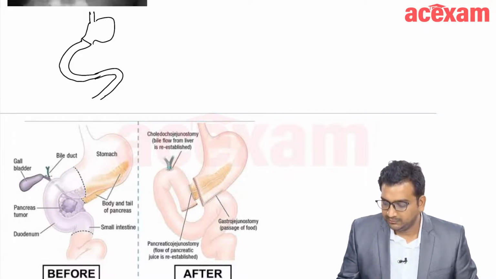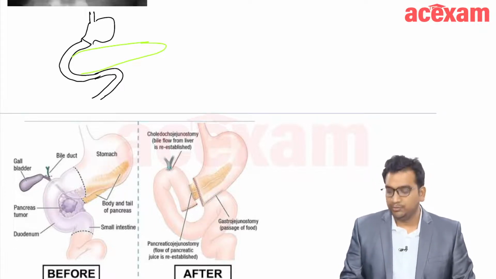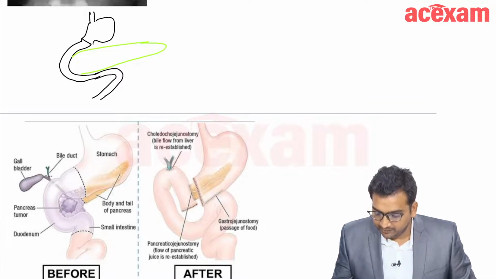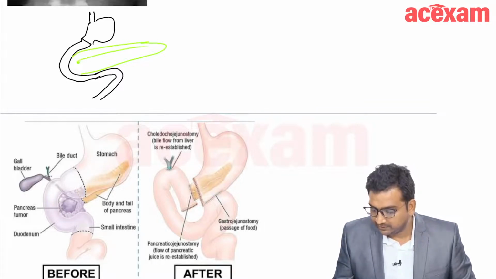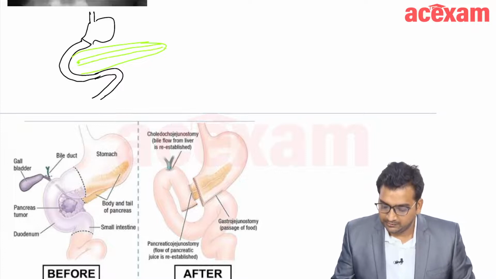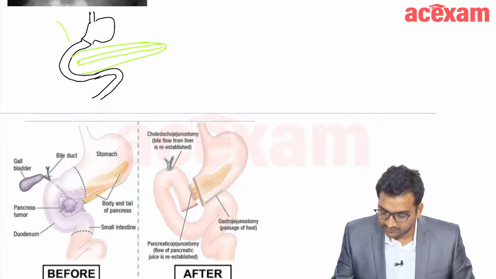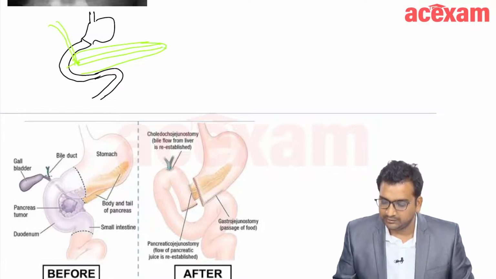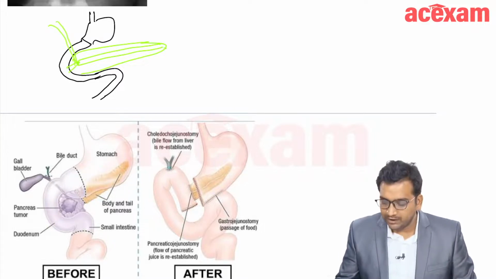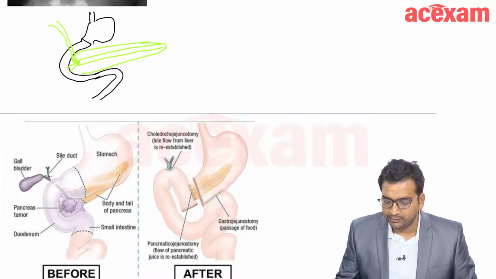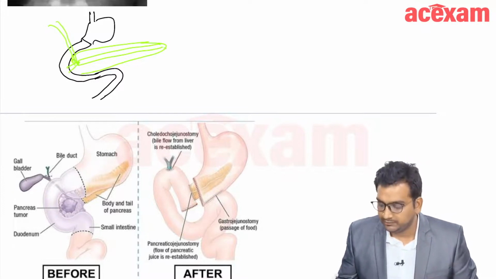Now here there is pancreas, that is along with the C loop of the duodenum. In pancreas there is a pancreatic duct, and this pancreatic duct is joining the CBD in the head of the pancreas, and they both together then join with the duodenum at the level of ampulla.